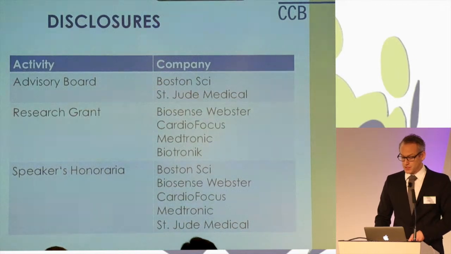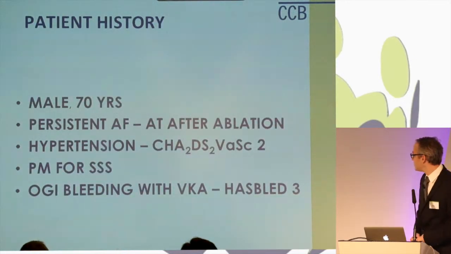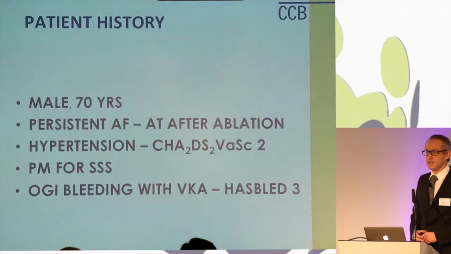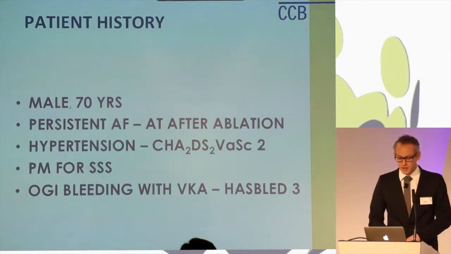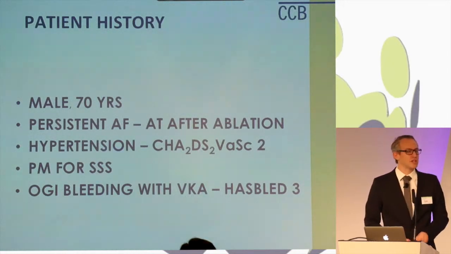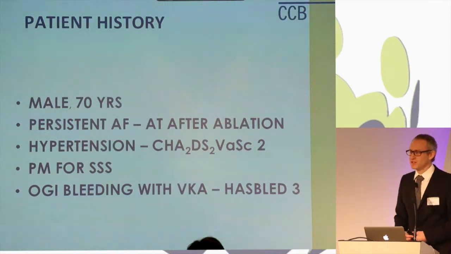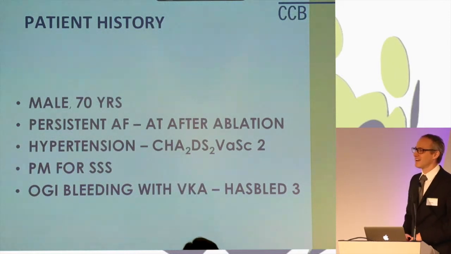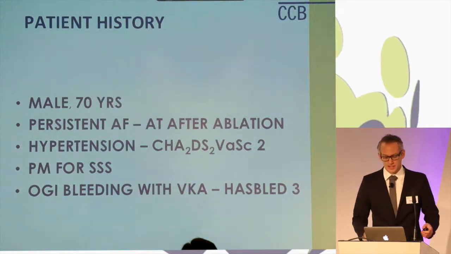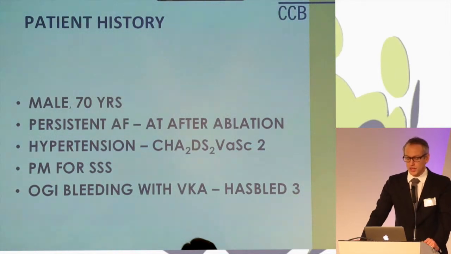These are my disclosures, and these are the patient characteristics. It's a 70-year-old gentleman with persistent atrial fibrillation who in the past underwent multiple AF ablations, but very uncommonly, despite this, he returned with atrial tachycardia and was still in need of anticoagulation.